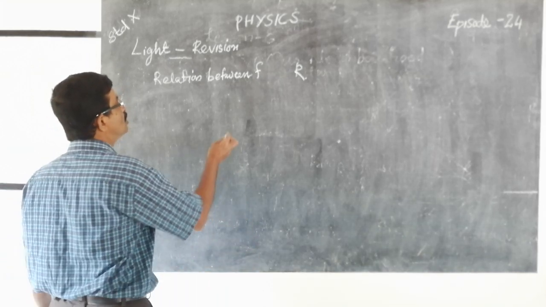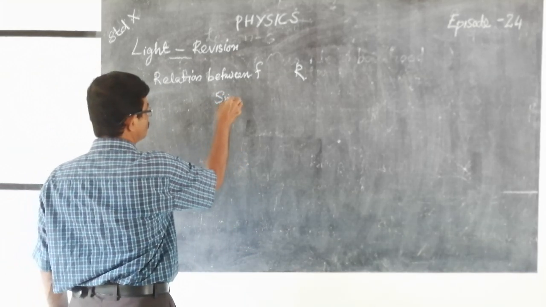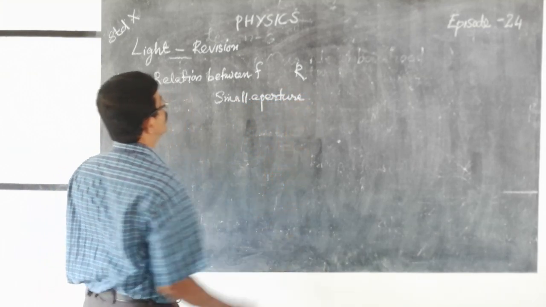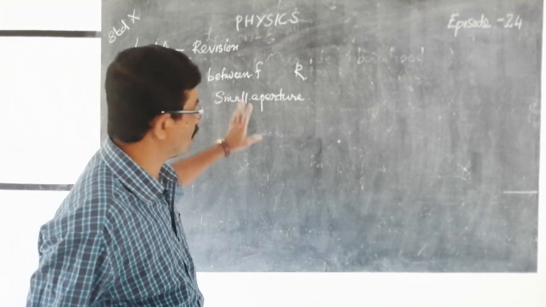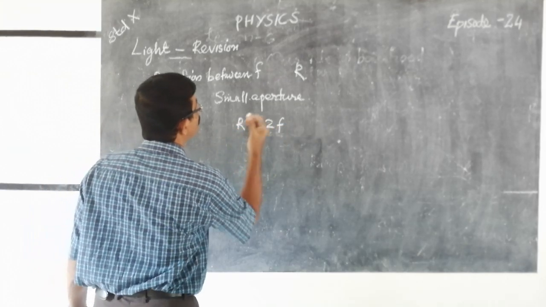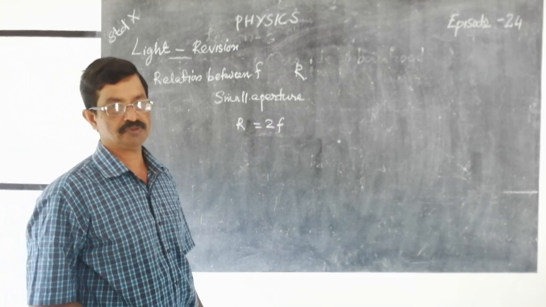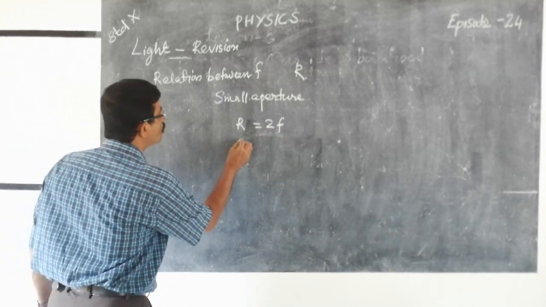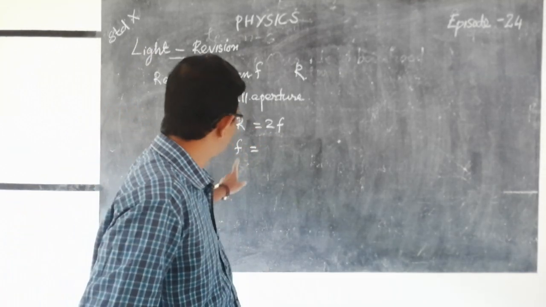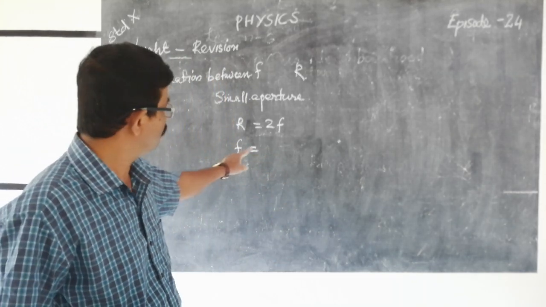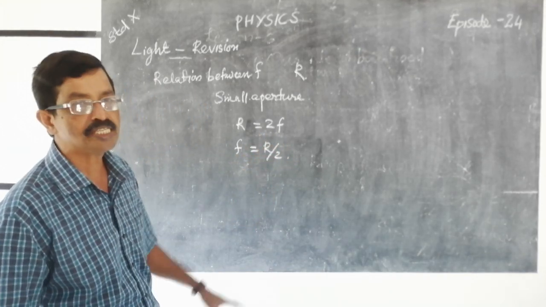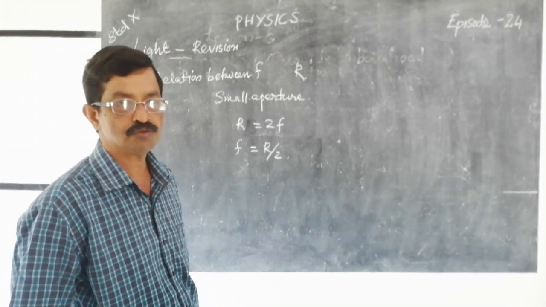For a spherical mirror of small aperture, the radius of curvature is equal to twice the focal length, that is R is equal to 2F. Then F will be equal to R by 2.